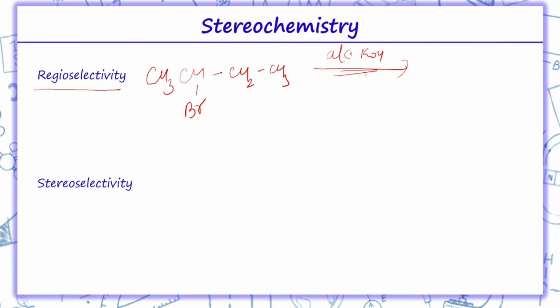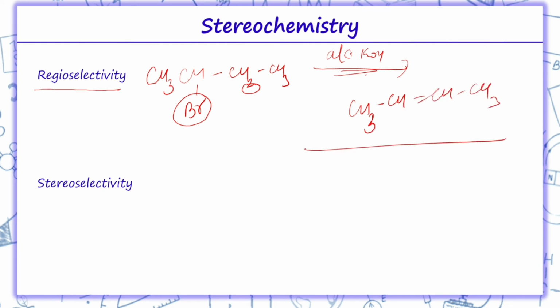So here we will remove H from this carbon because Saytzeff's rule will be followed, which states hydrogen is removed from the carbon having fewer hydrogens. So the major product formed over here will be CH3CH=CHCH3. So this is regioselectivity, the preference of one direction of chemical bond making or breaking over all other possible directions.